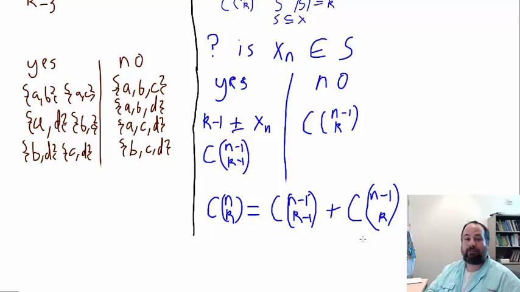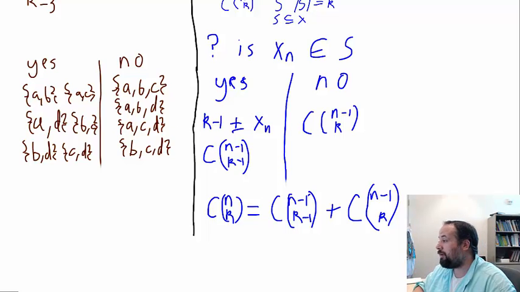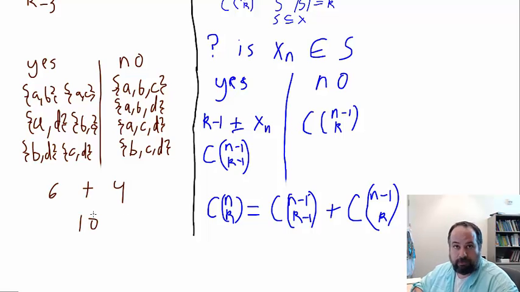Either x sub n is in it or it isn't. And we've already defined how to figure out how many possibilities there are for when it is and when it isn't. We add up those possibilities, we get the total number of possibilities, which is n choose k. In our concrete example, that is 6 plus 4, which is 10. And if you go back to our binomial coefficient formula, you'll see that checks out.